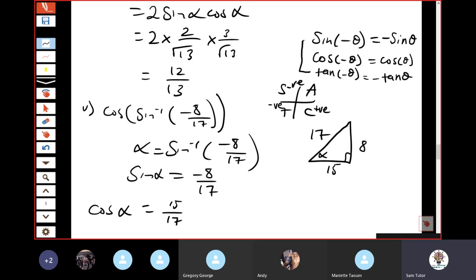So these two are what we say are odd functions, right? Something that you guys have learned now. These are odd functions, that's why they become negatives of the original. Whereas this guy, cos negative theta, is an even function. Because it's an even function, it gives you back the original, which means all your negatives are still going to become positive.